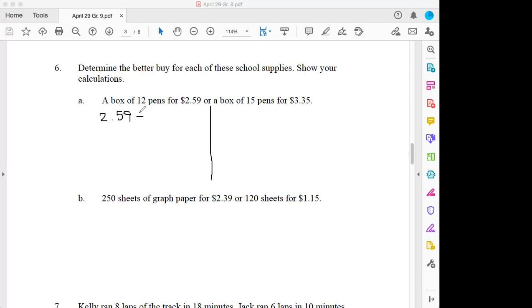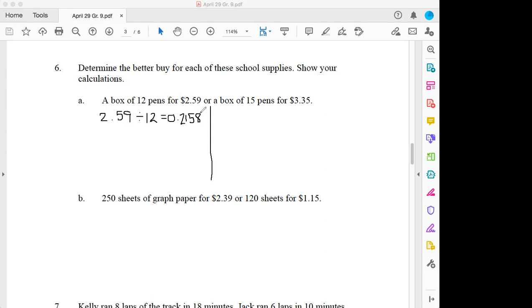for 12 pens, you're going to divide it. That's how we find out how much it is for one pen. So again, that is our unit rate. We're looking for 1. If you throw that into the calculator, it gives you 0.2158.